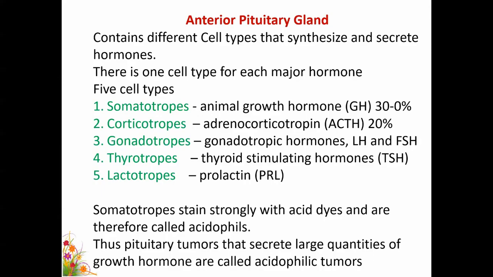So the tumors that are producing large quantities of growth hormones can be called acidophilic tumors. So the names of these cells and the relevant hormones these cells produce is very important. Okay, 2020 AG612, your answer about the acidophils is correct.